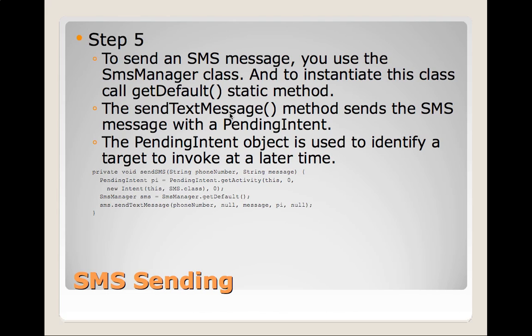So the sendTextMessage method sends the SMS message to the PendingIntent. The PendingIntent object is used to identify the target to invoke at a later time. So the code for this particular class is what we're using when we click on the button. So we're calling sendSMS, this method here. We're sending the phone number and the message.